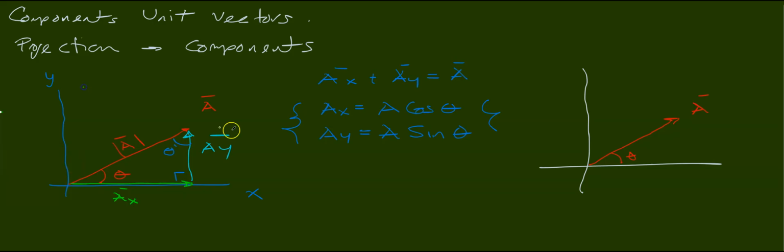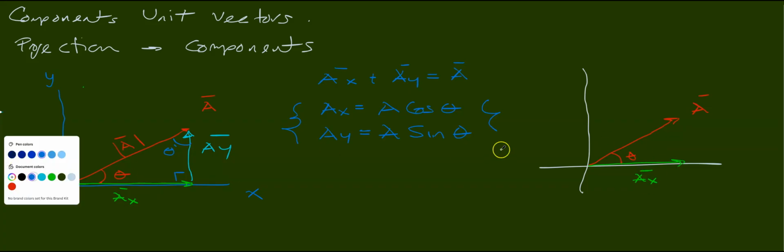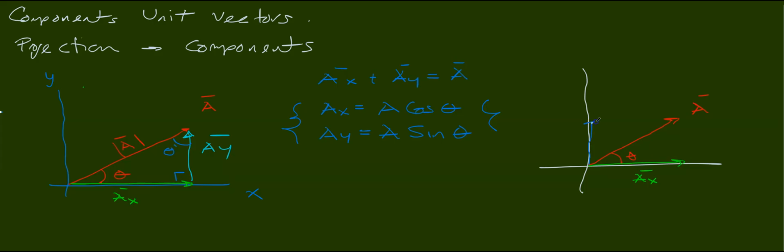So the same vector A can be expressed with components AX, AY in this way, or also in this way. This is another way to represent the vector when you decompose it. Okay, it's similar. So you can see it like this, or you can see it like this, and they are equivalent. So if you get the vector A in terms of the magnitude and the direction, you can find the components using this.